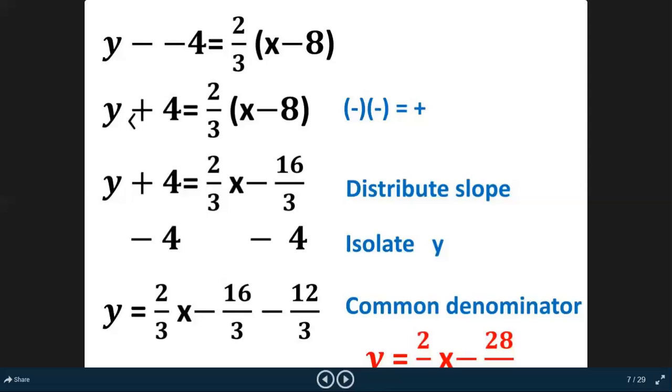Miss, can you repeat the transformation to slope-intercept form? Sure. We have y plus 4 equals 2 over 3 (x minus 8).